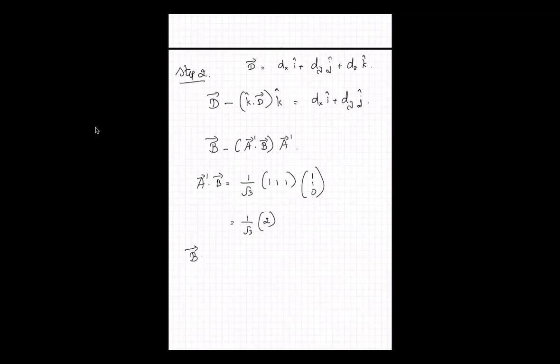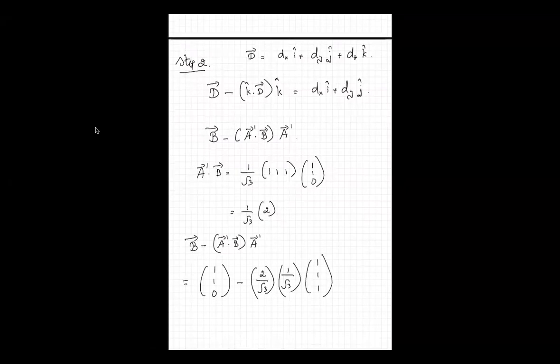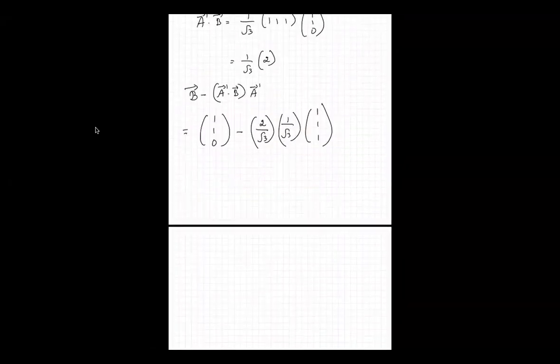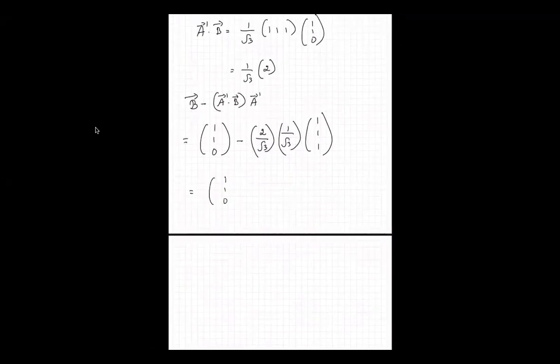So B minus A prime dot B times A prime would be 1, 1, 0 minus 2 over root 3, which is A prime dot B, times A prime, which is 1 over root 3 times 1, 1, 1. There are two factors of square root of 3, so this is 2/3, 2/3, and 2/3.